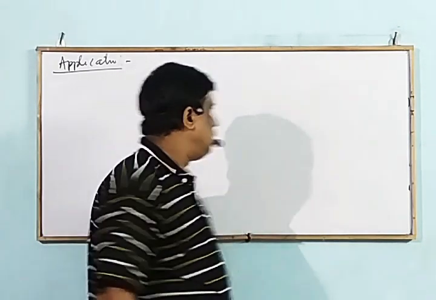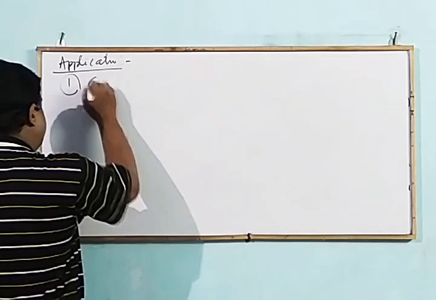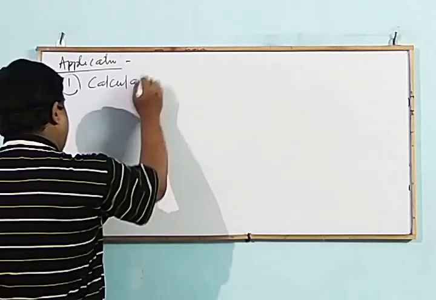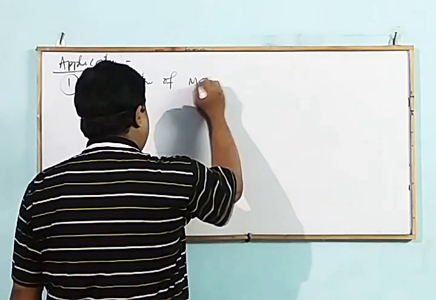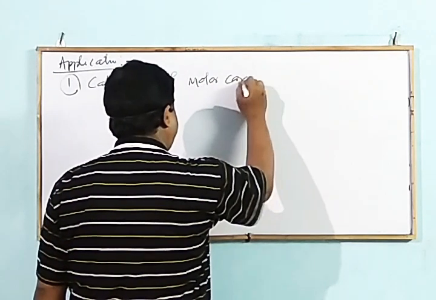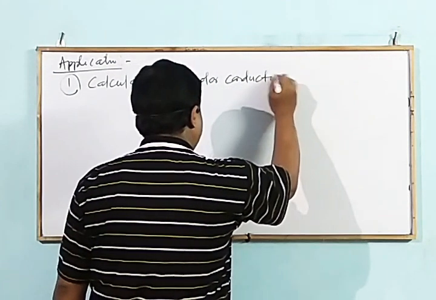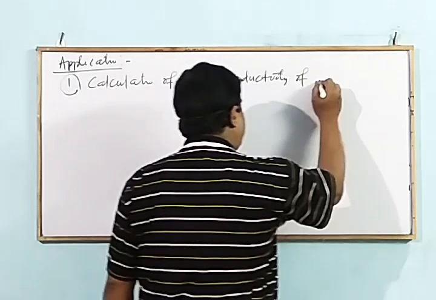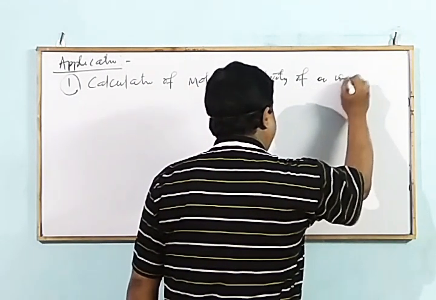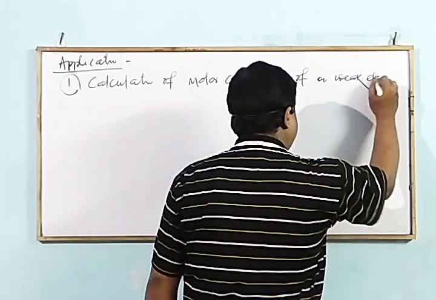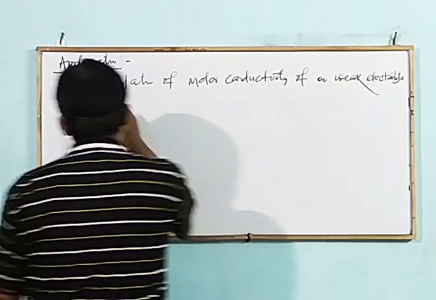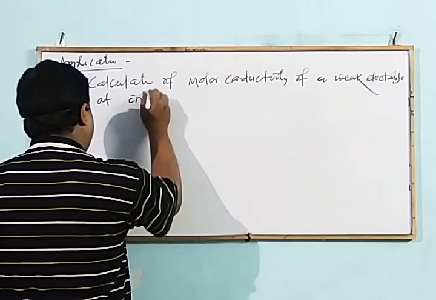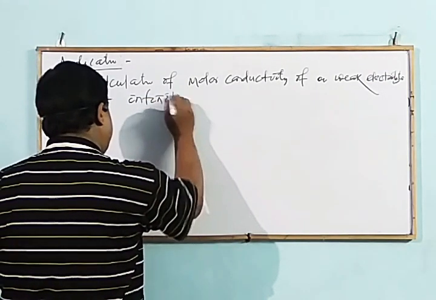That is, point 1 is calculation of molar conductivity of a weak electrolyte at infinite dilution.